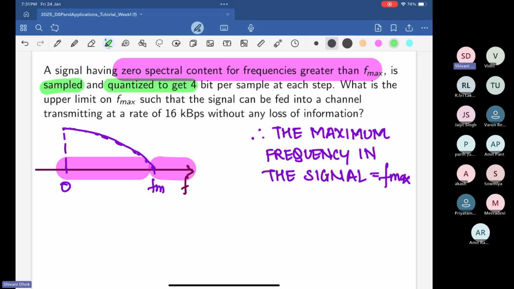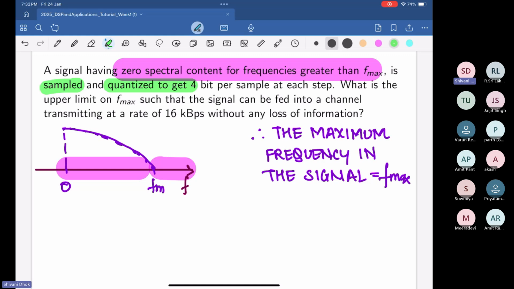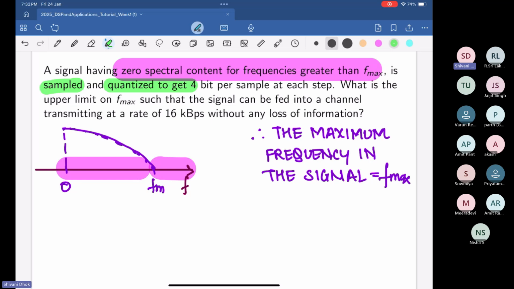When we are sampling along the time axis, we get discrete time samples, but the amplitude is again a continuous valued thing. If we want to discretize that also, that process is known as quantization. And to represent each quantized value, we use some number of bits. So for one sample at one particular time instant, we require 4 bits to represent it.